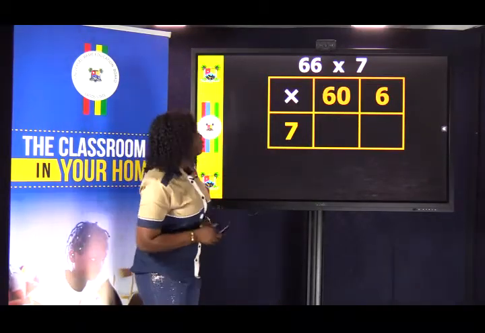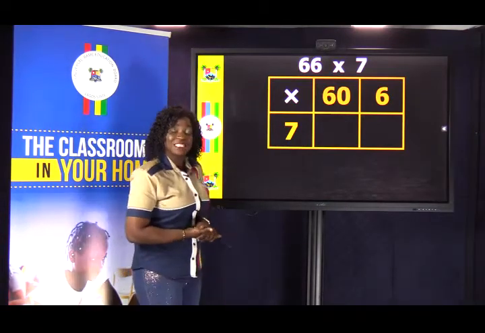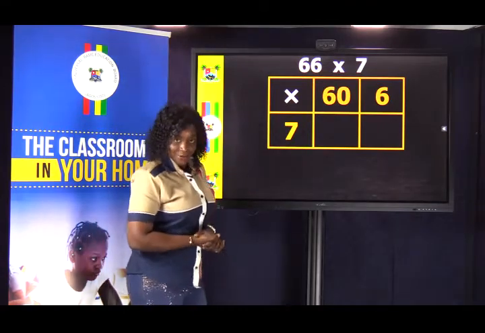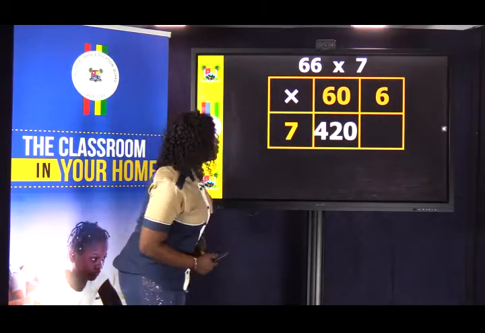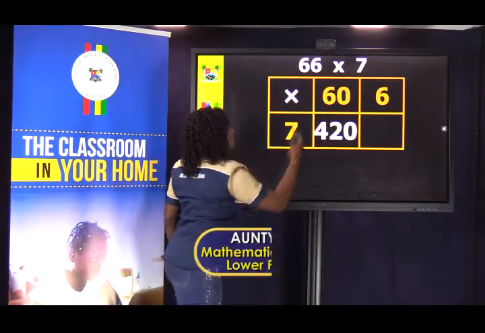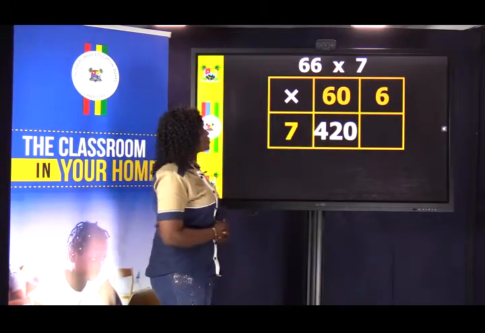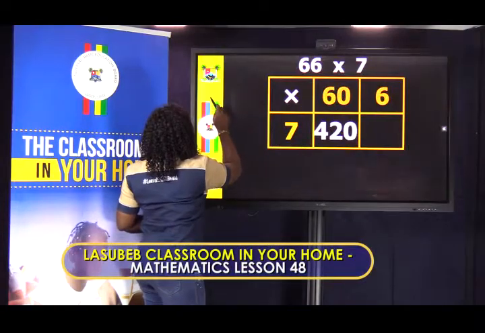Now quickly go to the back of your exercise book and check what 7 times 6 is. Have you seen it? Now scream it with me, 42. 7 times 6 is 42. So you write 42, with the 2 in the ones column.